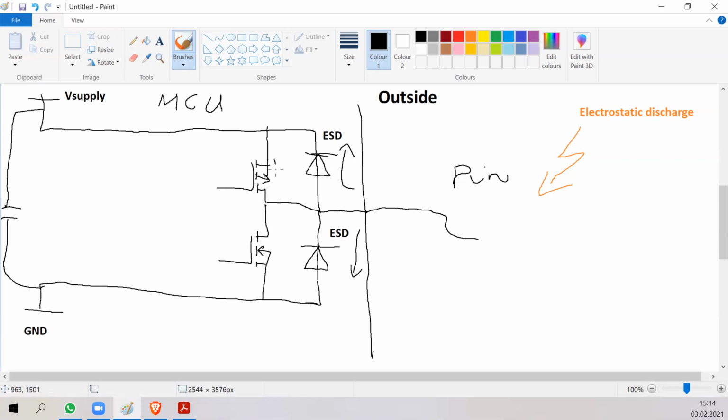Inside of your code, you can tell whether the pin should be high or low. If it needs to be high, then the P-channel MOSFET opens and connects the pin to power supply. When you want it to be low, the P MOSFET is closed and the N MOSFET is open, and the pin is connected to the ground. It's low level.